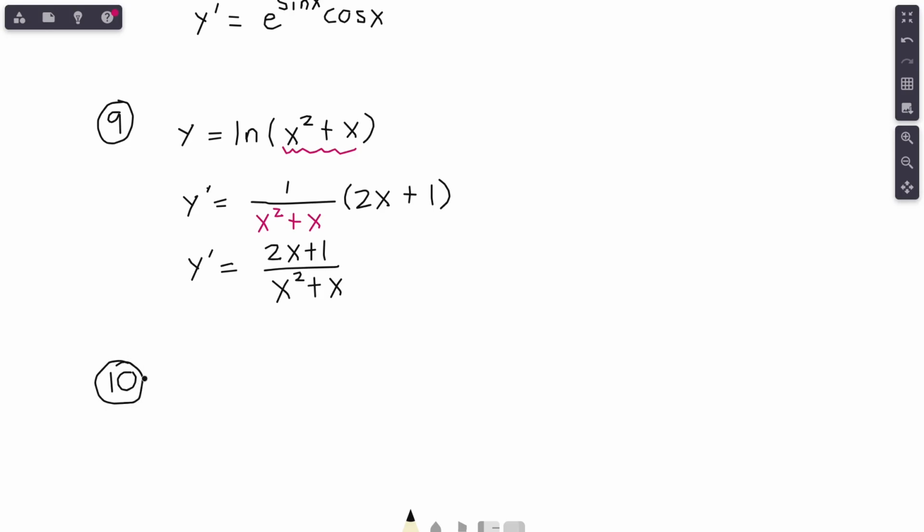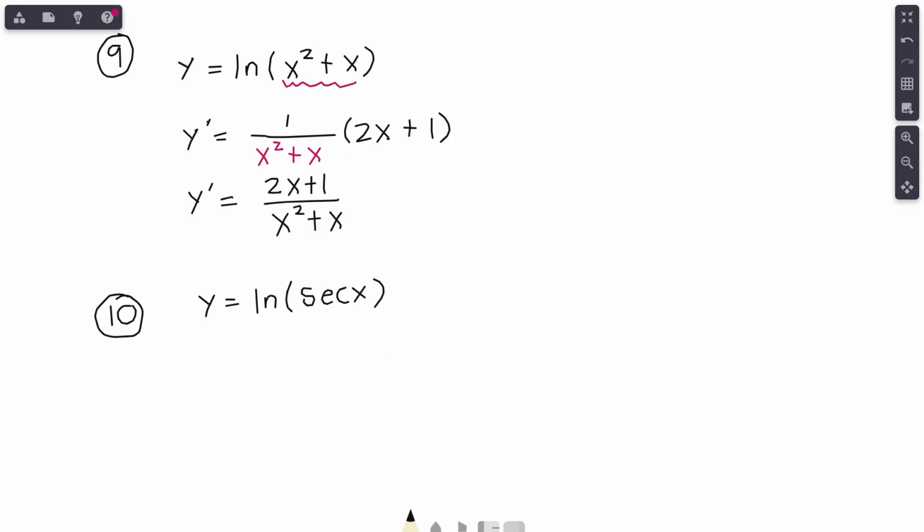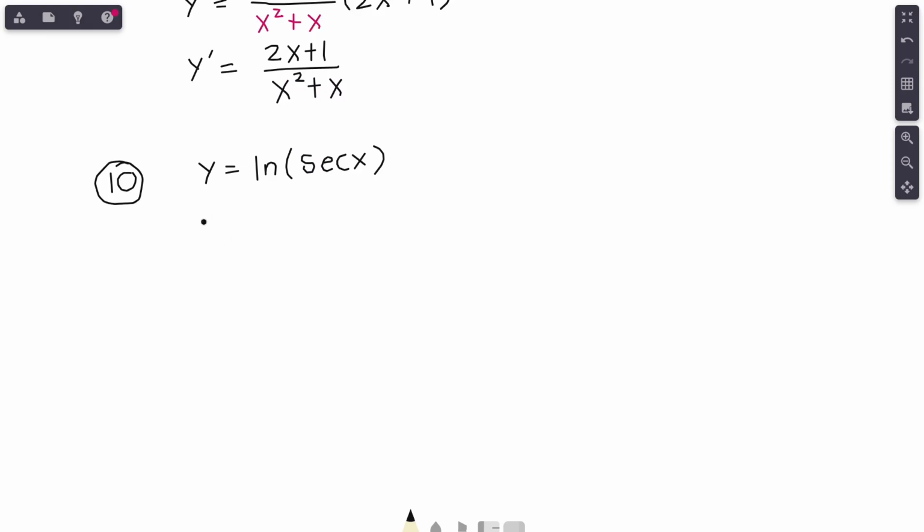And our final problem for today is going to be, we want to find the derivative of the natural log of secant x. So like number 9, the derivative of the natural log is going to be 1 over the inside times the derivative of the inside.